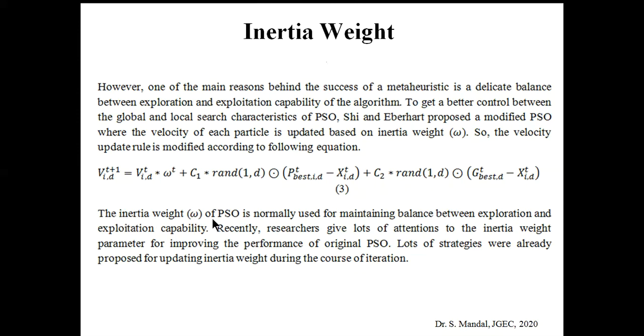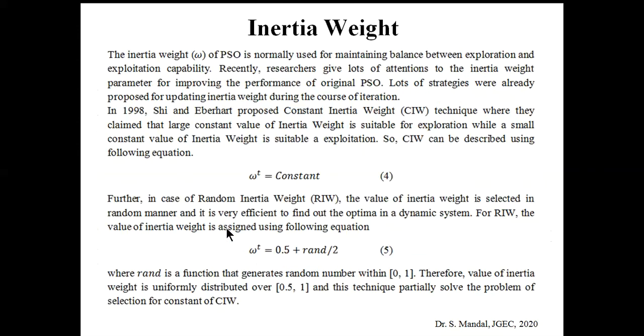That is the inertia weight of PSO, and it is normally used for maintaining balance between exploration and exploitation capability. Recently, researchers have given lots of attention to the inertia weight parameter for improving the performance of the original PSO. We shall discuss a few strategies during this class.